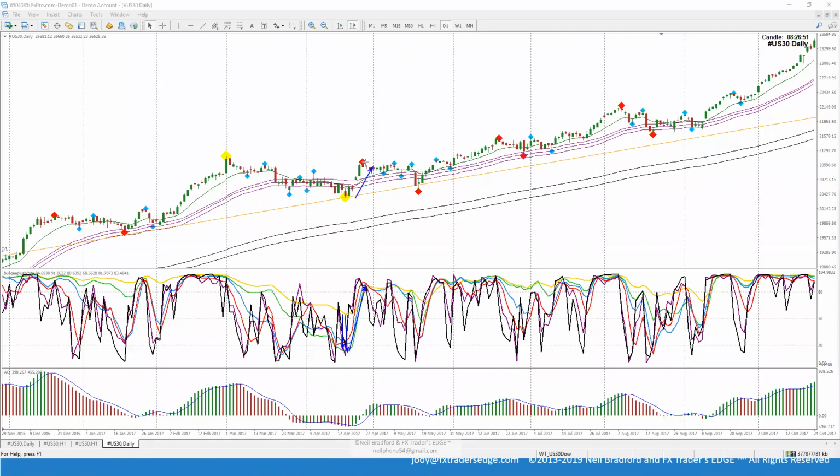Not in that initial move. We get a retrace and we continue higher. But that retrace forms another stretch away and a snapback to a new high. Stretch away, snapback, snapback to a new high.